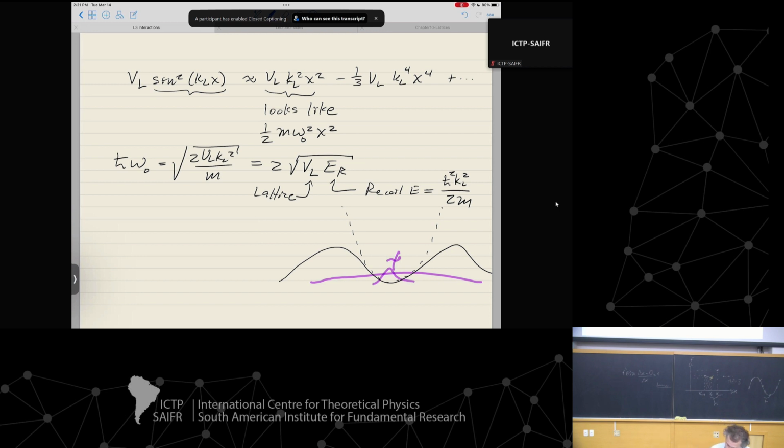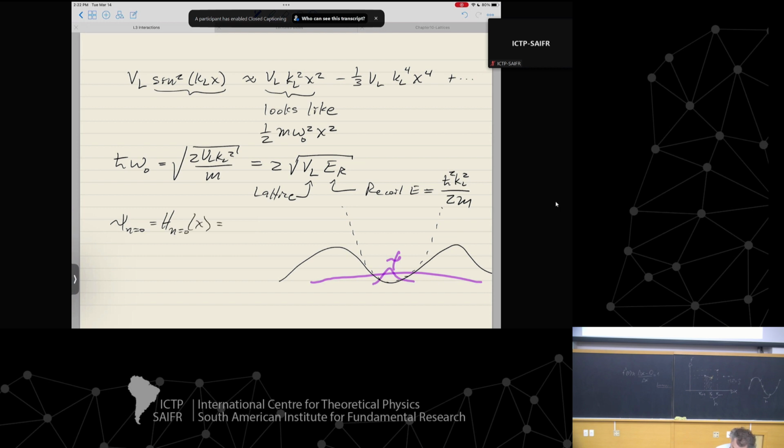So for this thing to be valid as an approximation, I need to be sitting in the middle of the potential. And I know how to write down the self-consistency because if I have a simple harmonic oscillator, I know the solution. The ground state, n equals 0, is a Hermite polynomial at n equals 0 as a function of x.